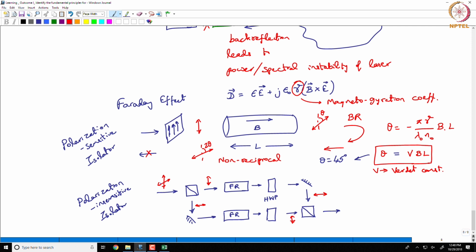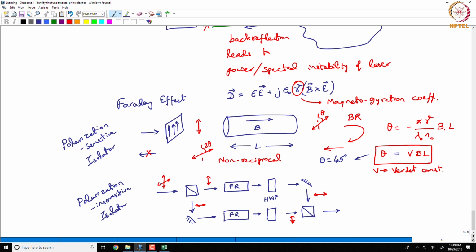And similarly, any arbitrary polarization coming back is going to go through this, what is called the polarization diversity configuration, because it separates out the paths for the two orthogonal polarizations, but it effectively will end up blocking the wave just as we talked about.